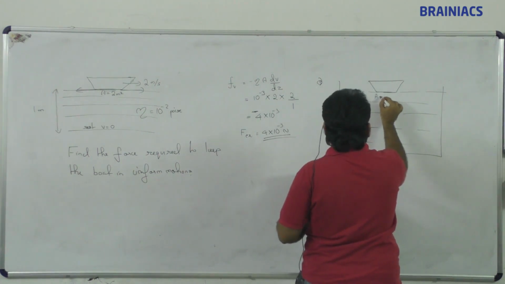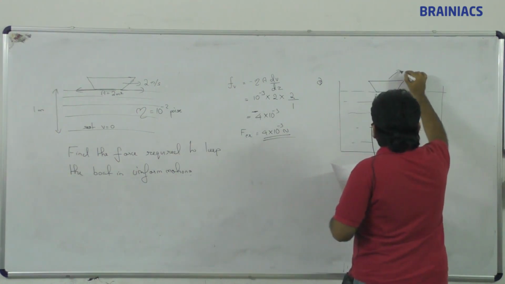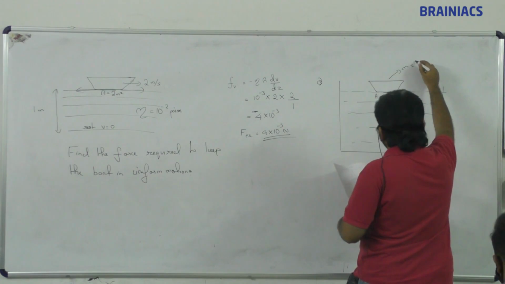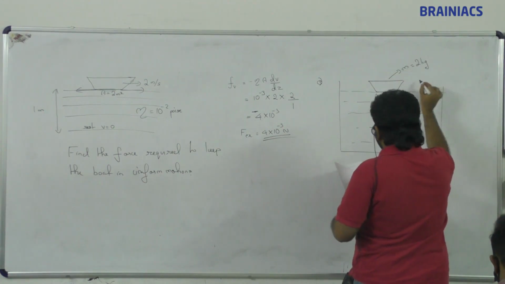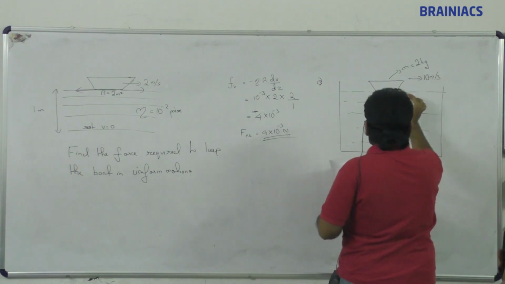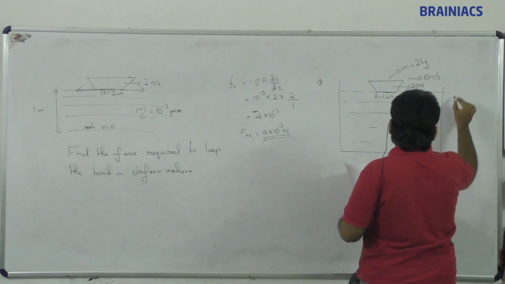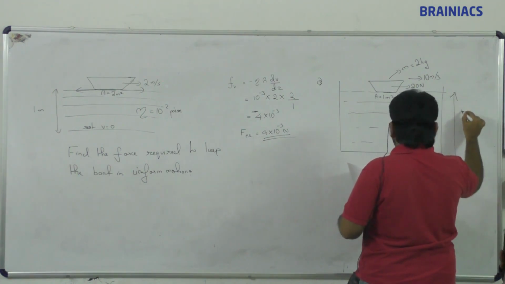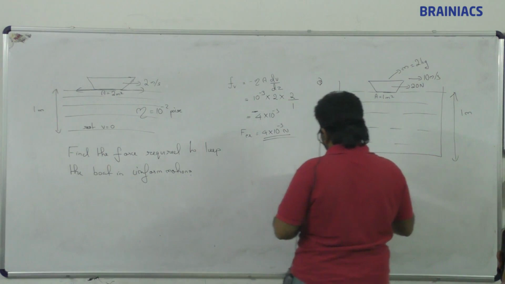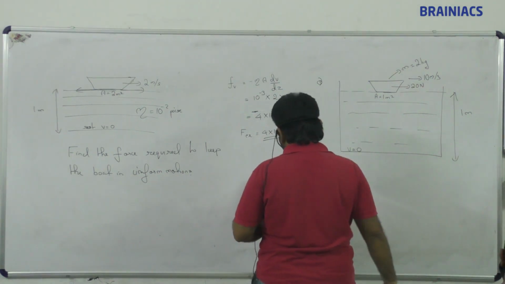So here area in contact is 1 meter square, mass is 2 kilogram, this is moving at 10 meter per second, a force is acting, 20 Newton, this depth is actually 1 meter, okay, so river bed velocity is equal to 0.